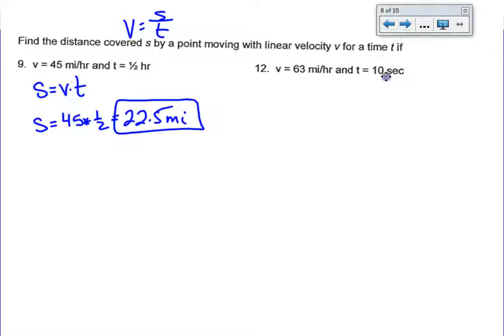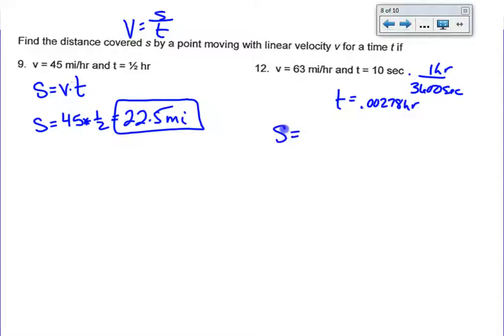Miles per hour and seconds, so we need to do a little conversion on this one. 10 seconds, to convert it to hours, you have to divide by 3,600 seconds in 1 hour. So the time is really teeny tiny, 0.00278 hours.